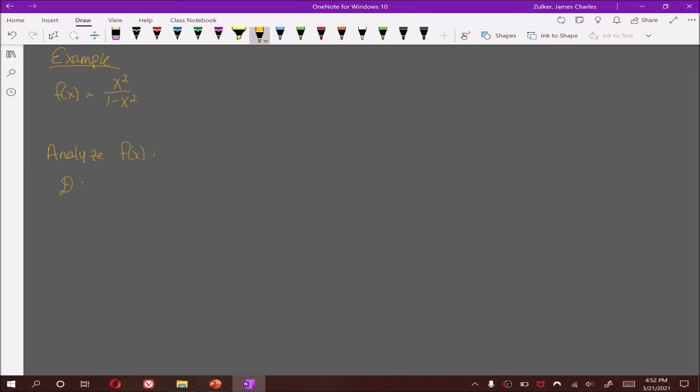Right, domain will be all real numbers except when 1 minus x squared is 0. So we'll have minus infinity to minus 1, minus 1 to 1, and 1 to infinity. Y-intercept will be 0.